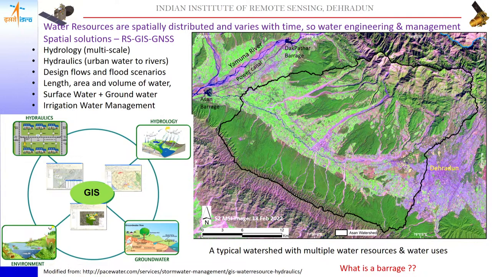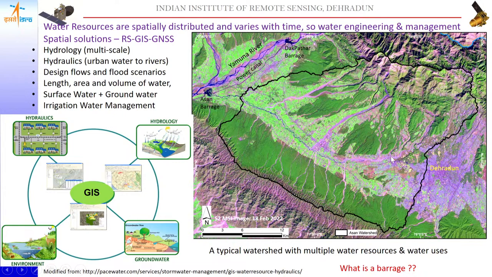So we have two river sub-basins, the Upper Ganga basin and the Yamuna river basin, which are drained by this city. And these various hydrological problems, which are multi-scale, either at a city scale or small sub-watershed scale or at the basin scale, we can address these problems.